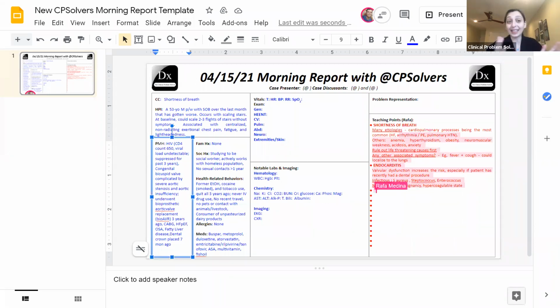Given how rich this past history is, the next thing we want to think about is how we can use our exam and our labs to help us narrow this differential and start making a diagnostic process.